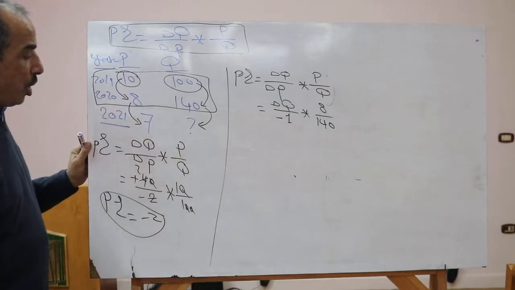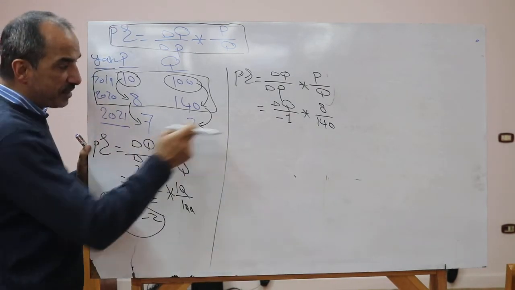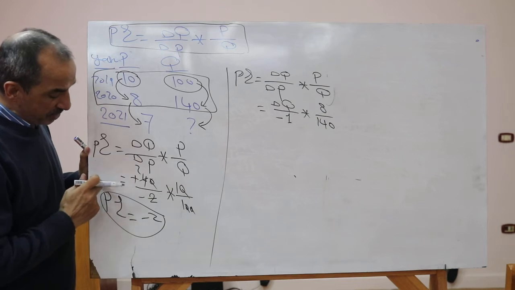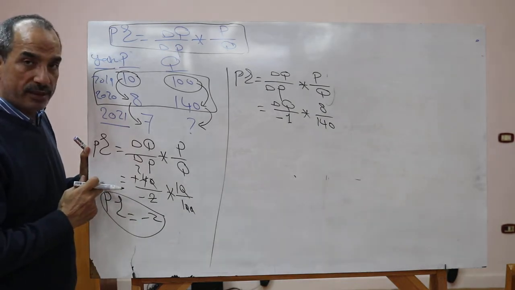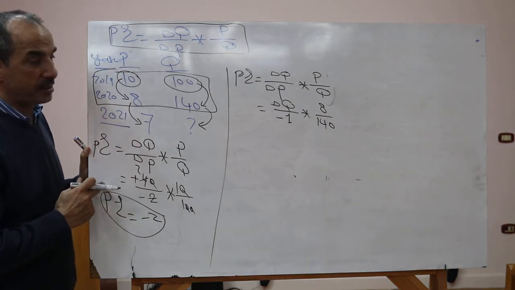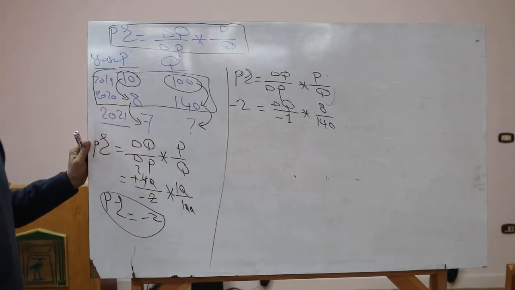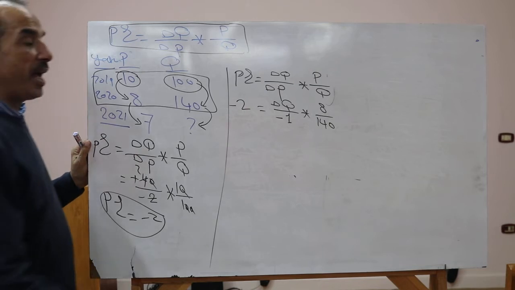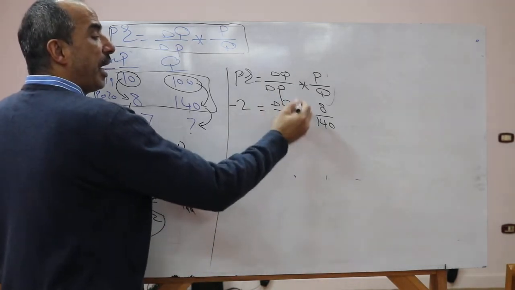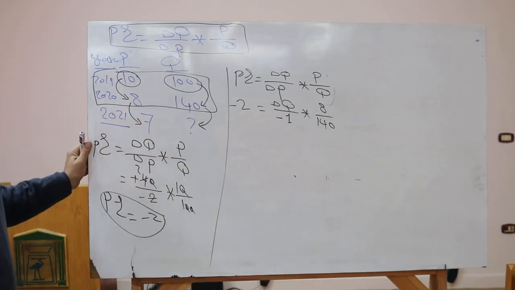What is the difference between this law and this law? In the first law, we didn't have the price elastic. Now we know the price elastic, and we want to find the change in quantity.